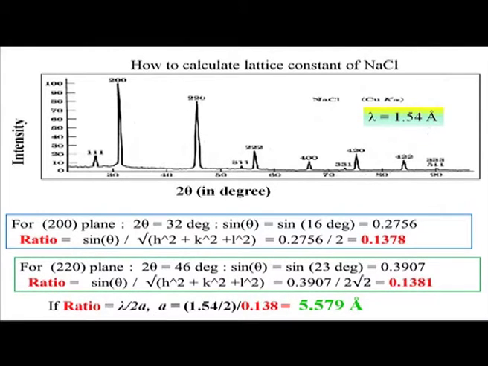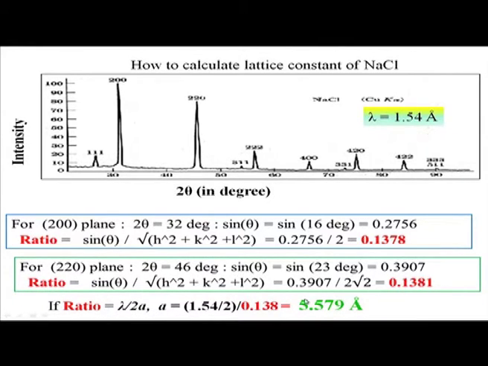Then you have to make a chart for each peak, and find out which value is common for all peaks. That value you will pick up. The H square plus K square plus L square value we have used will be the indices of that peak, okay.